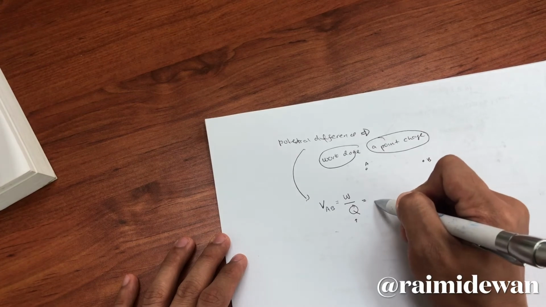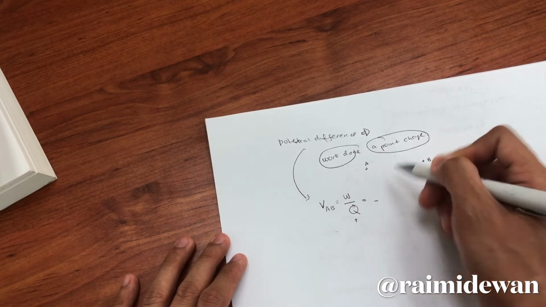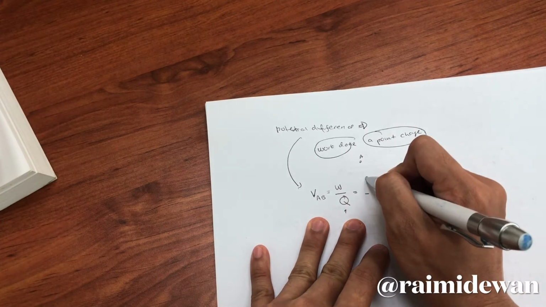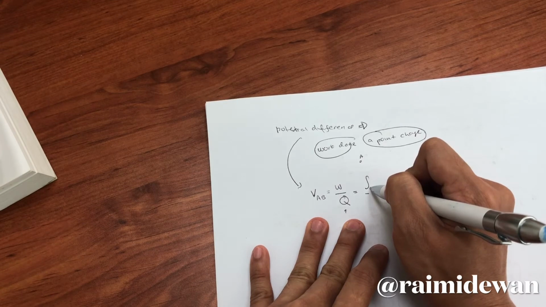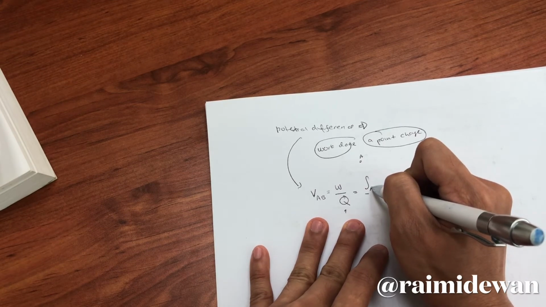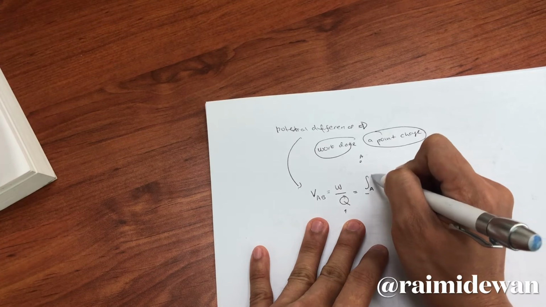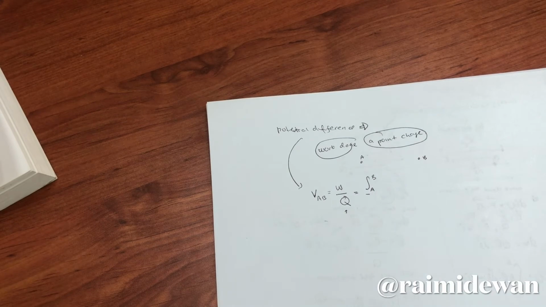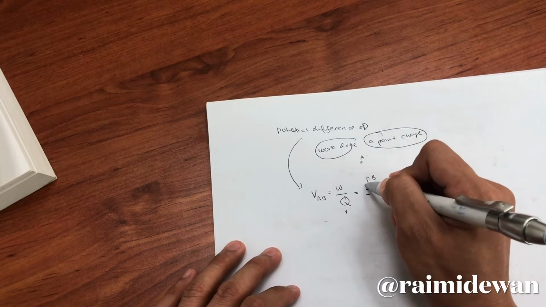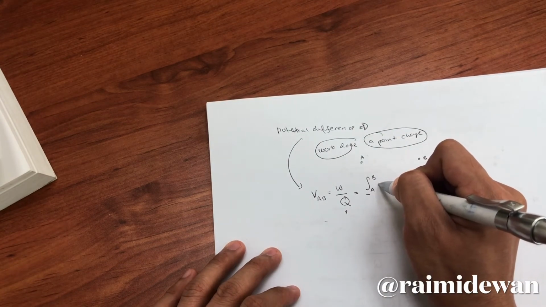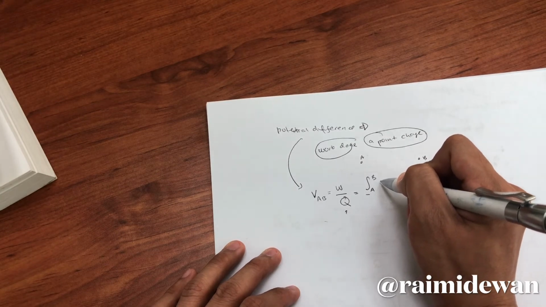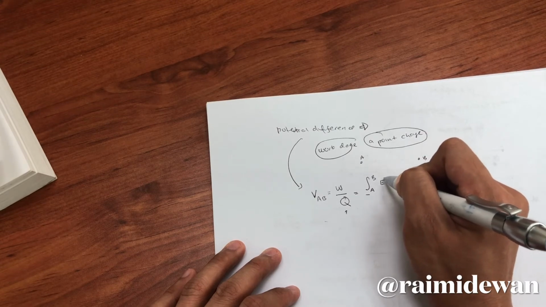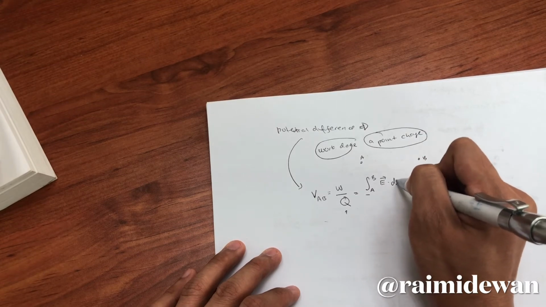So what we have learned from the previous lecture just now, okay, what is your work done? Your work done is actually the integration of A to B of E dot dl.